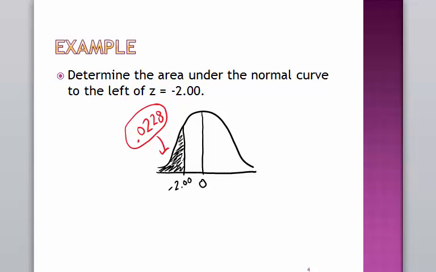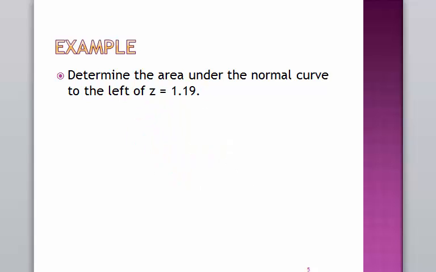Okay, let's move on to part B. This says determine the area under the normal curve to the left of 1.19. So notice that we have a positive z-score in this case. So again, I'm going to draw my curve. We'll put the 0 in the middle, remembering positive z-scores to the right, negative z-scores to the left.